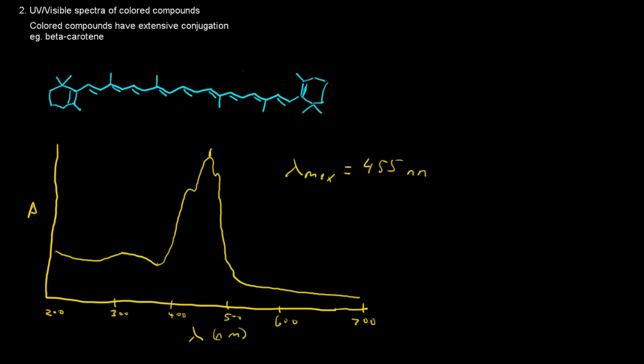And one thing I'd like you to think about here is what color of light does this correspond to? And just to refresh your memory from general chemistry, the visible spectrum begins at 400 nanometers. That's the violet end of the spectrum, 700 being the red end of the spectrum. And so this, of course, would be violet to blue light.